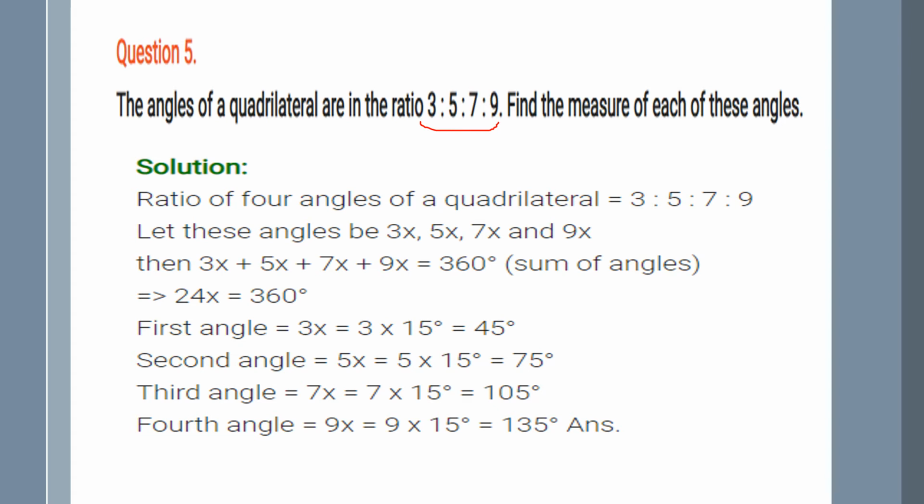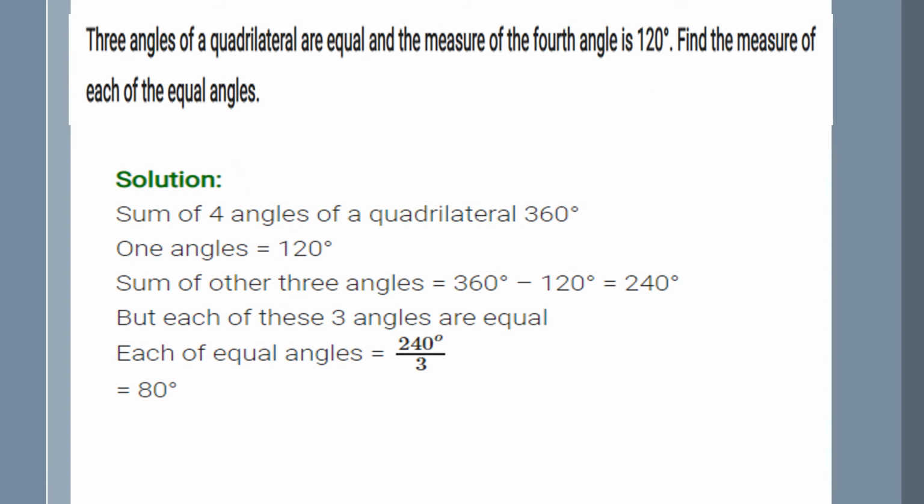And as you know very well, the sum of all the angles is 360 degrees. 3x plus 5x plus 7x plus 9x equals 360 degrees. And when you add all the angles now, it will be 24x equals 360 degrees. So x is 15. First angle will be 3 into 15. Second angle 5 into 15, because x is 15. Now you have to put the value of x. So third angle will be 7 into 15 and fourth angle will be 9 into 15. Clear everyone?